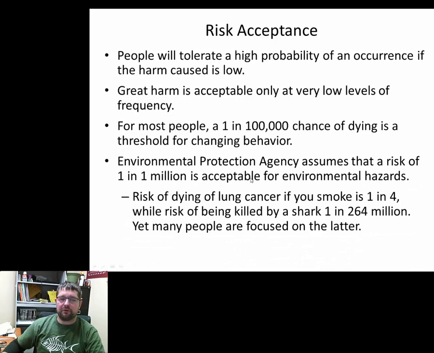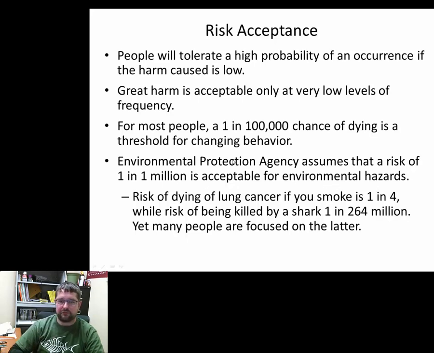For most people, a 1 in 100,000 chance of dying is a threshold for changing behavior. For some people, it doesn't really matter. If we look at the Environmental Protection Agency, the risk that the EPA must provide is 1 in 1 million as acceptable for environmental hazards.